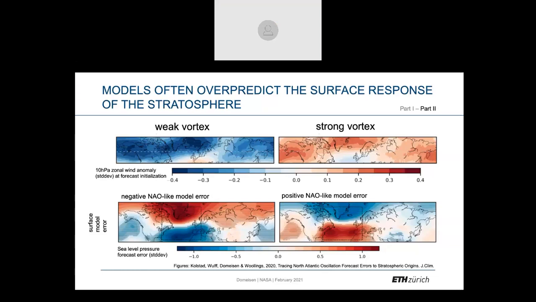I don't know if that relates to the issue of them overestimating negative and positive NAO events. But in general, models don't necessarily do a very good job in the causation of their variability compared to the real world. At least that was the result a few years ago.